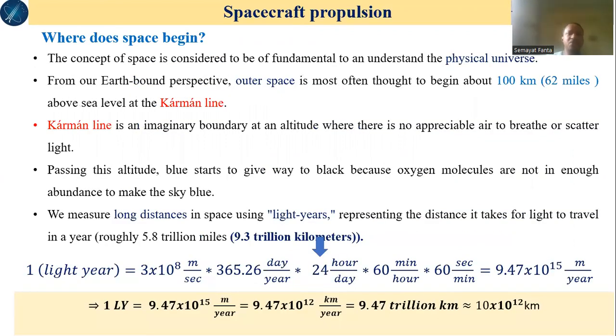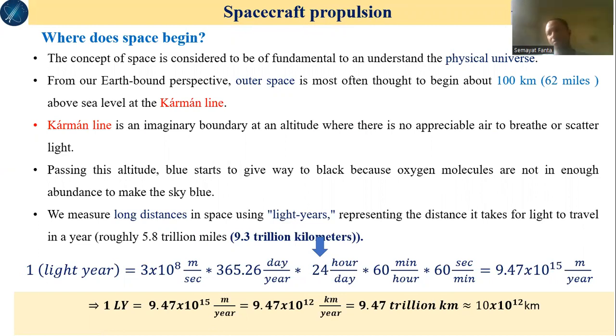And then where does space begin? There must be some distinct location where space begins, because the nearby space has a lot of carbon dioxide, nitrogen, and other gases which are comfortable for human life on the surface of Earth.